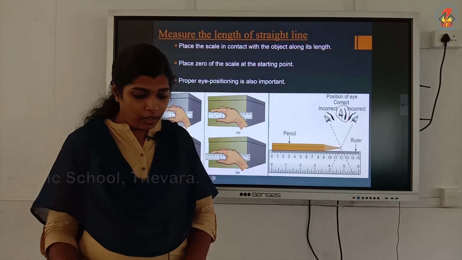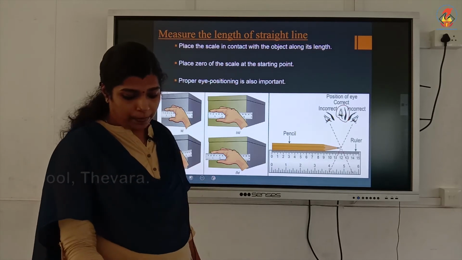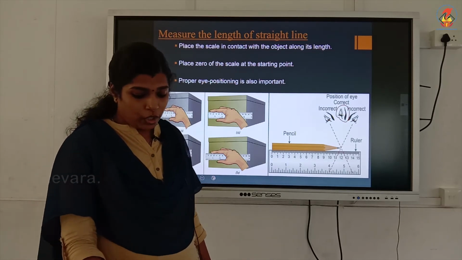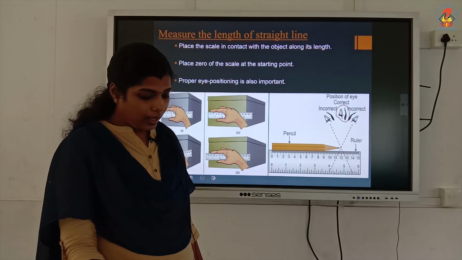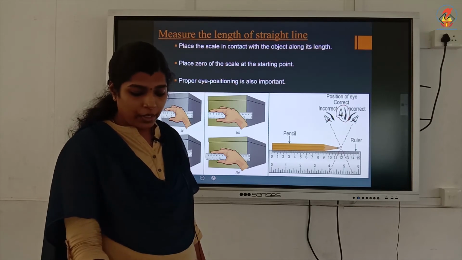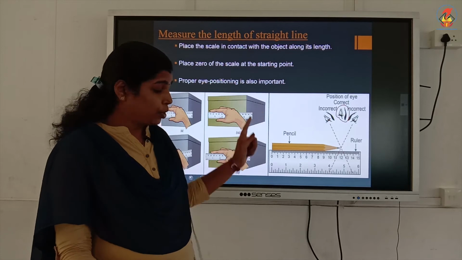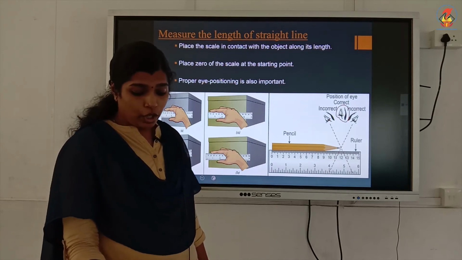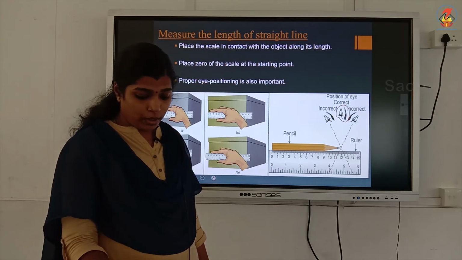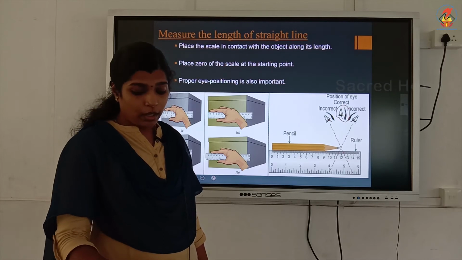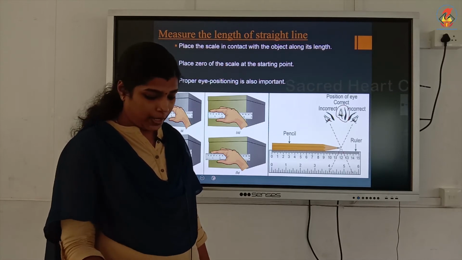In this figure, a ruler is being used to measure the length of a pencil. It shows 3 positions of the eye to observe the reading of the ruler coinciding with the pencil.